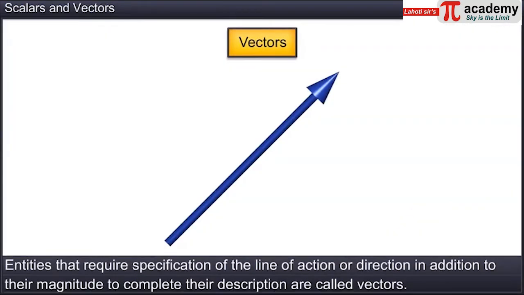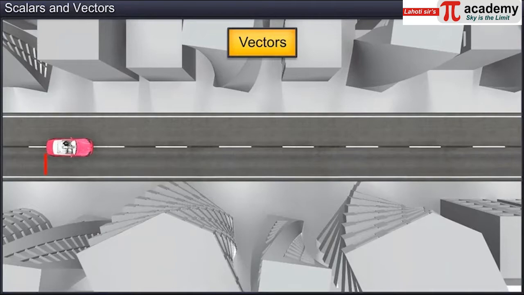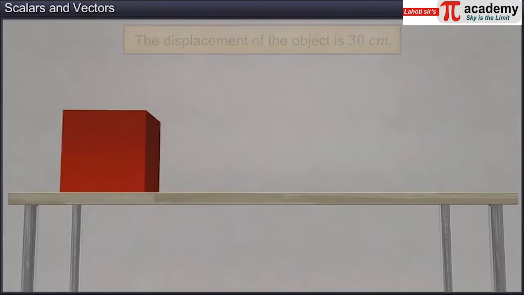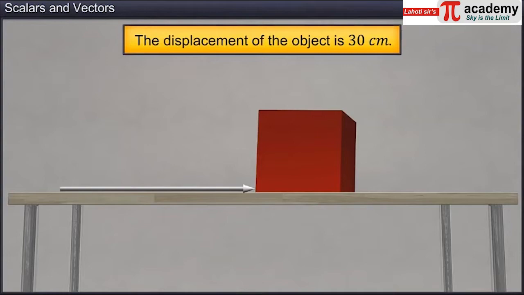Entities that require specification of the line of action or direction in addition to their magnitude to complete their description are called vectors. A vector is always specified by giving its magnitude with the help of a number and its direction. The displacement of the object is 30 centimeter. This statement is incomplete until you add the direction in which the displacement has taken place.